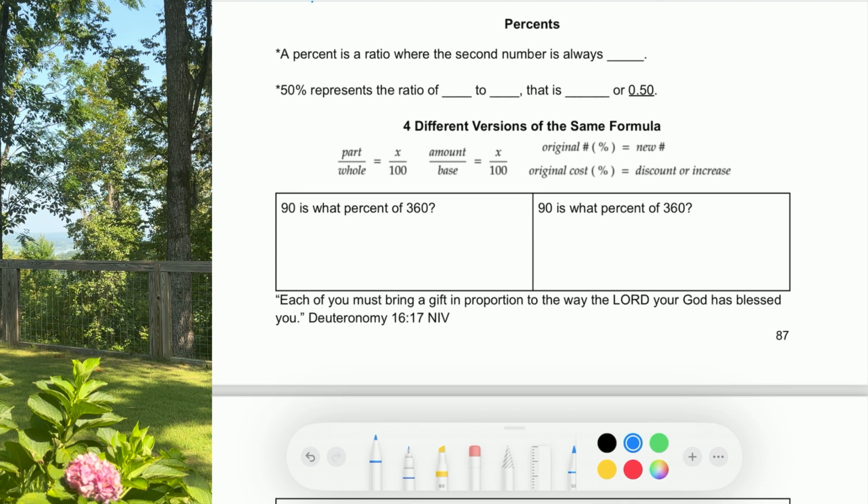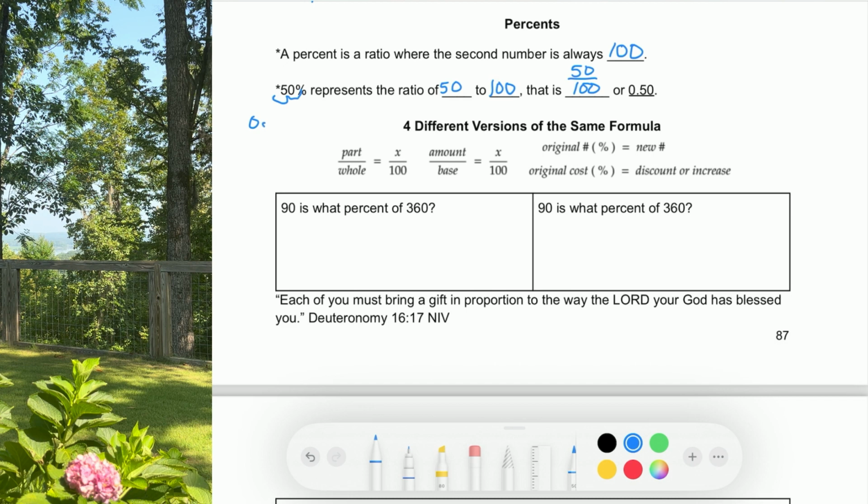All right, percents. A percent is a ratio where the second number is always 100. 50% represents the ratio of 50 to 100. That is 50 over 100 or 0.50, which makes sense because we learned how to turn a percent into a decimal, right?